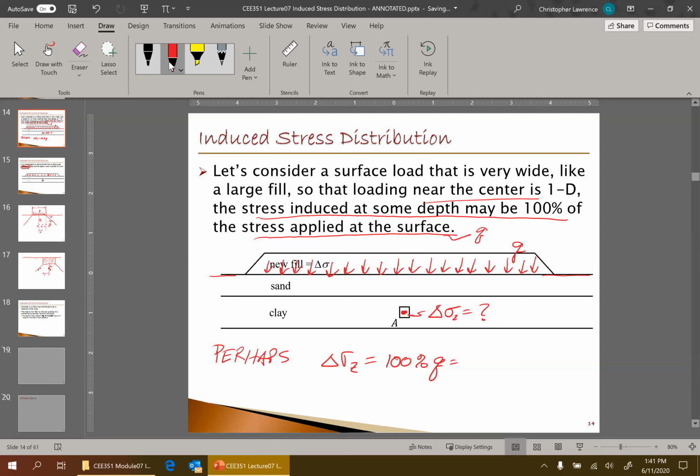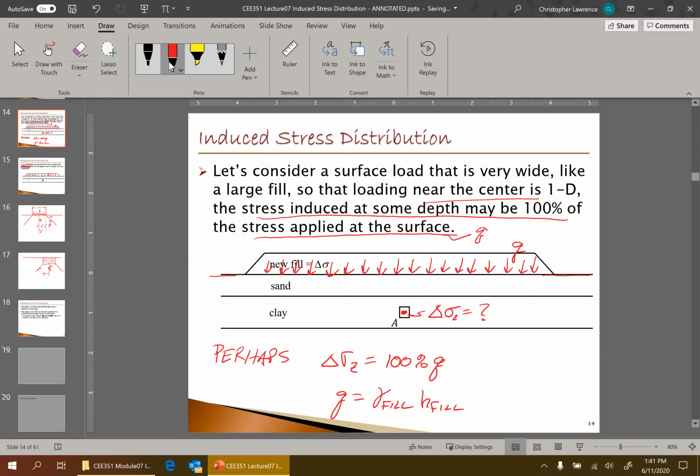Well, in this case, what is the unit weight of this fill, and what is the height of the fill? So in that sense, it's really just like a new layer of soil, adding to the geostatic stress, if it's very, very wide compared to point A.